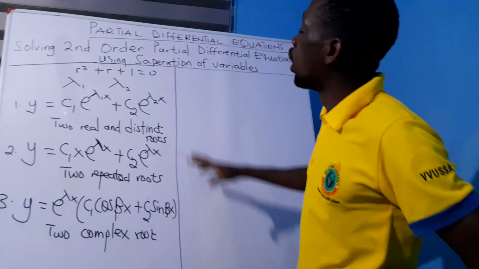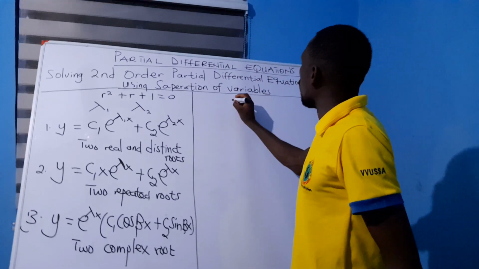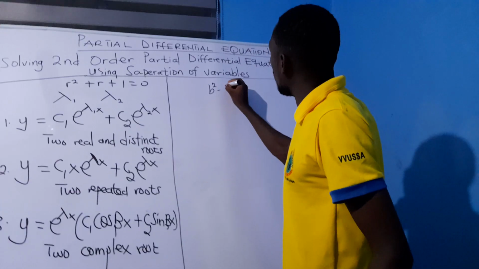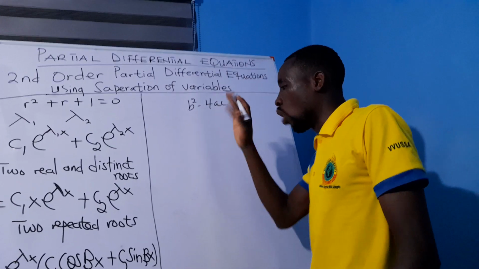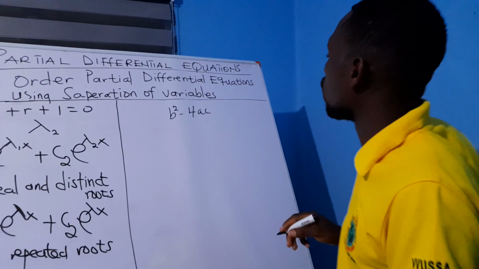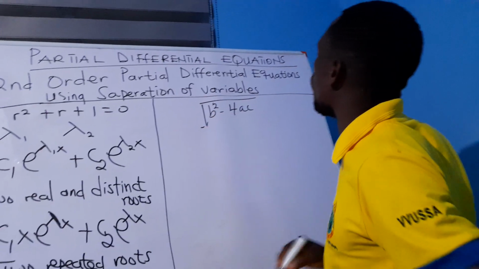So now, these are the three situations that may occur. Now remember, this is called a discriminant from our quadratic equation, and it is inside a square root, if you remember very well.